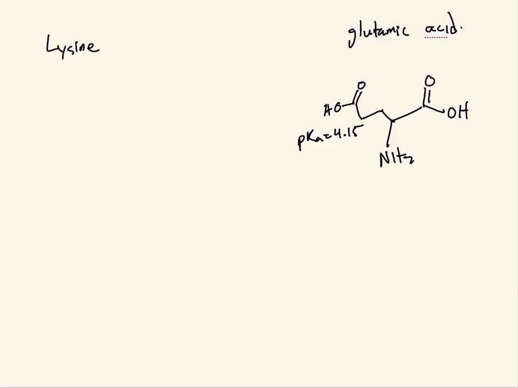Then we'll do lysine. Lysine is the long one with the amino group at the end. We have 1, 2, 3, 4 carbons. Again, the NH2, alpha carbon, and carbonyl carbon are there as part of every amino acid. And then we have H2N at the end.